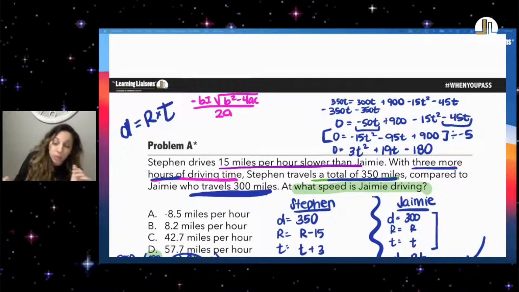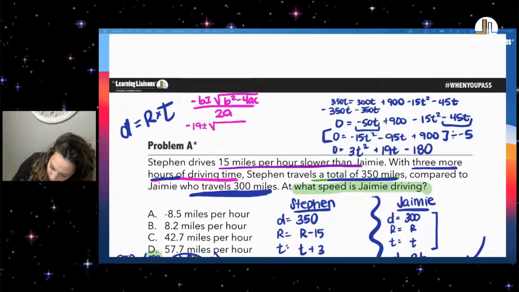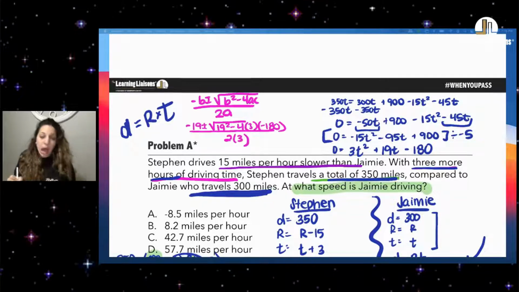If you're not familiar with that, you need to reach out to me if you're taking the high school test especially. So I'm going to fill this in. Negative b plus or minus the square root of b squared minus 4 times a times c all over 2 times a. I'm going to go ahead and quickly figure this out.